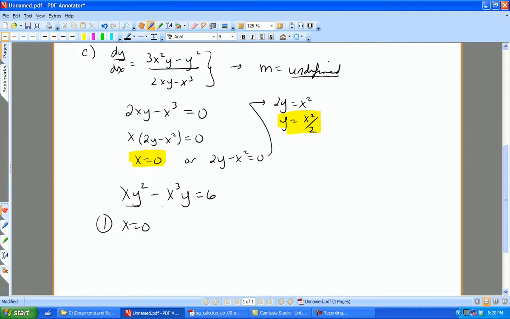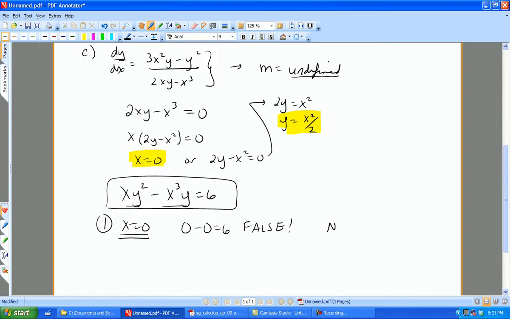If I substitute x is 0 into this original equation, I get 0 minus 0 equals 6, which is not true. What that tells me is that x equals 0 is not a point on this curve. This particular curve does not pass through any points where x equals 0. So this can't be a location of a vertical tangent.